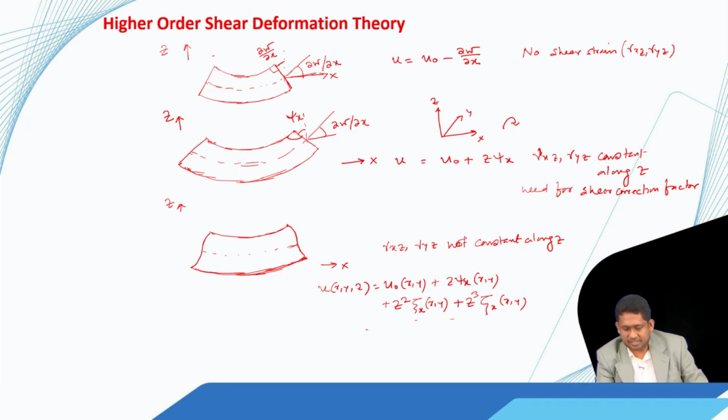But here the shear correction factor is not needed, because this model can itself ensure that gamma yz and gamma xz are 0 at the top and bottom, and it can vary the way it should along z. Correction factor not needed.